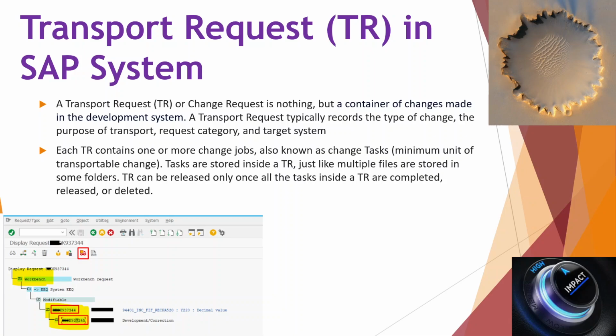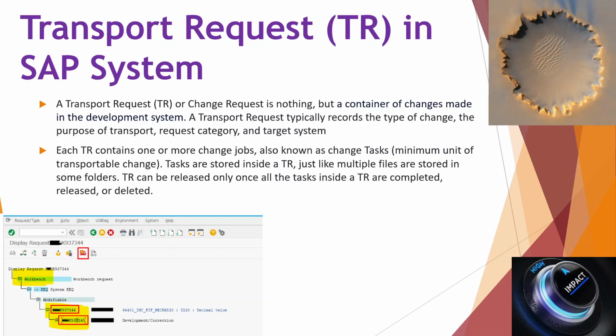I hope this point is clear, but just to give you a few more informational points on this topic. In every TR you will find two nodes. One is called the parent node, and one is called the child node. The main TR will always be only one, but under it you can have multiple tasks, and you can have a single task as well. That choice is up to the person.